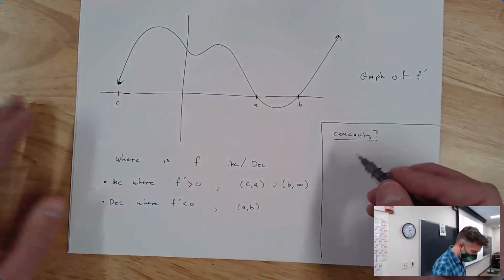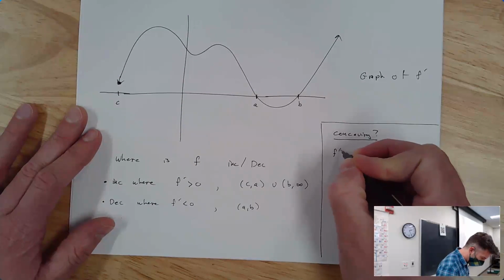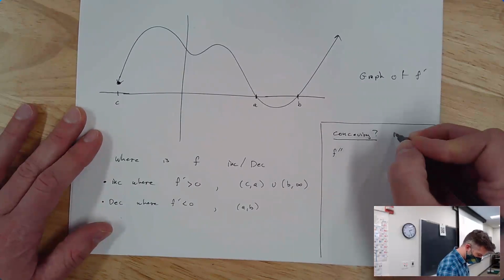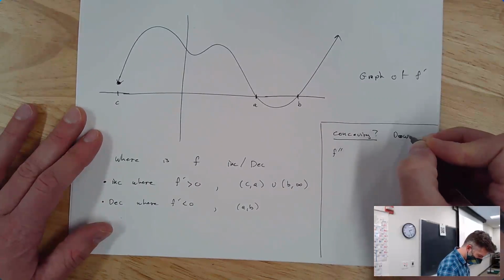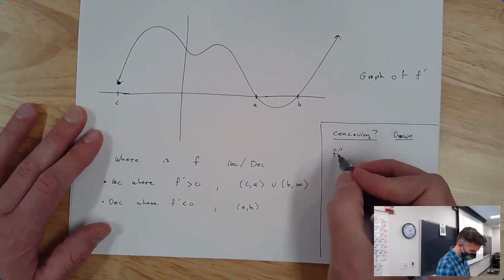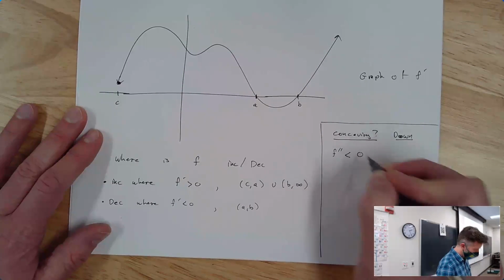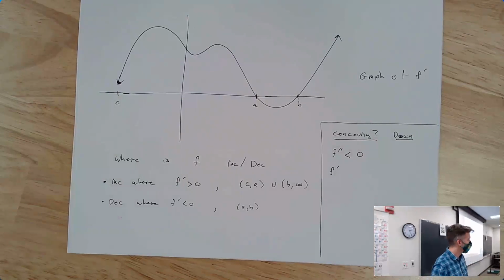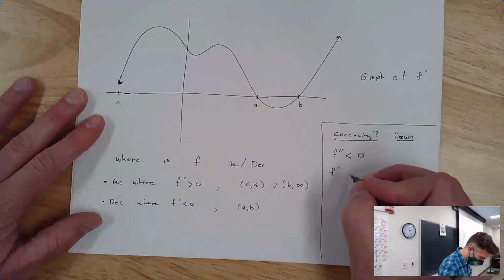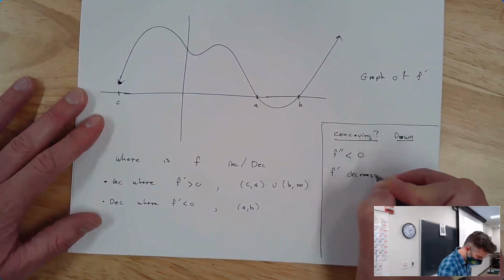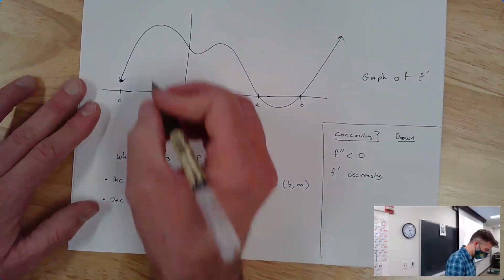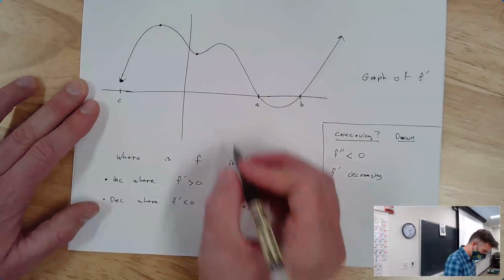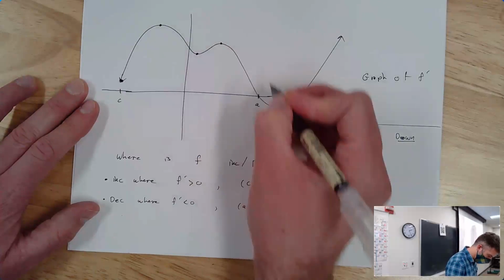Yeah. So we want the second derivative. So let's say concave down specifically. So we want the second derivative to be negative, which means the first derivative should be what? Right, the first derivative should be decreasing. Well, we can see that. We can see the first derivative is decreasing from here to there and from here to there.